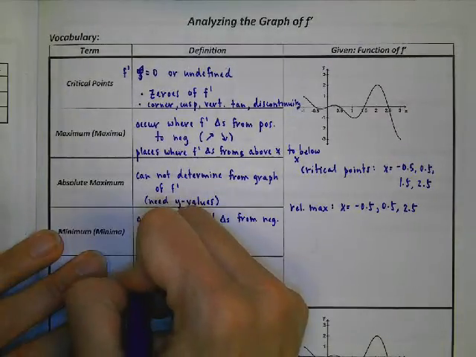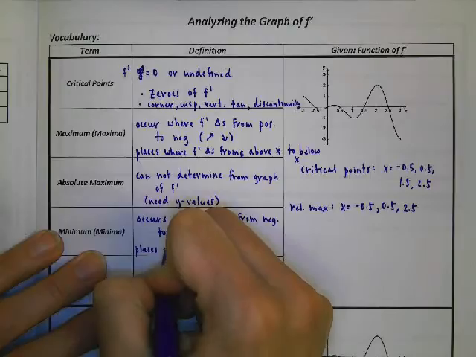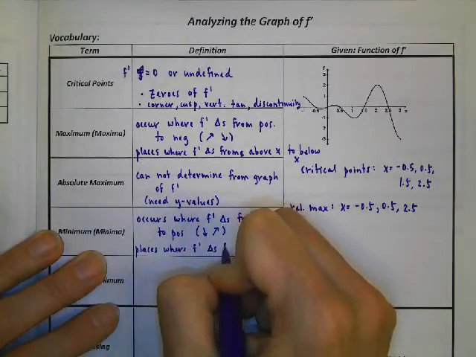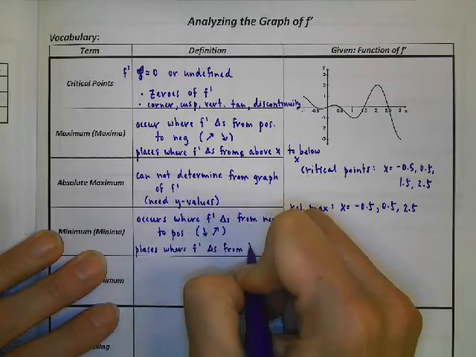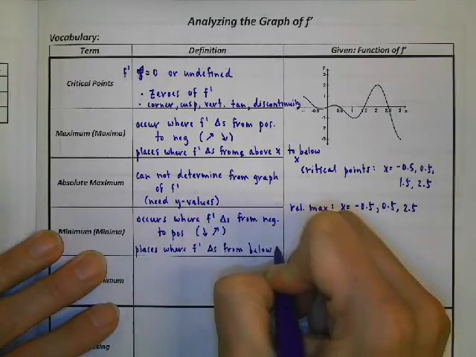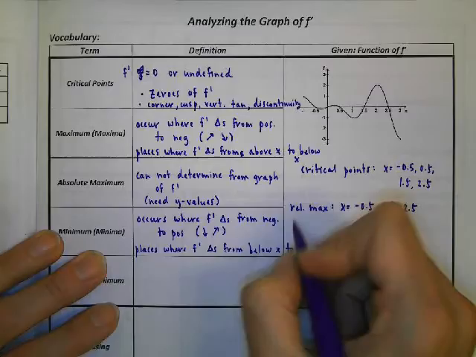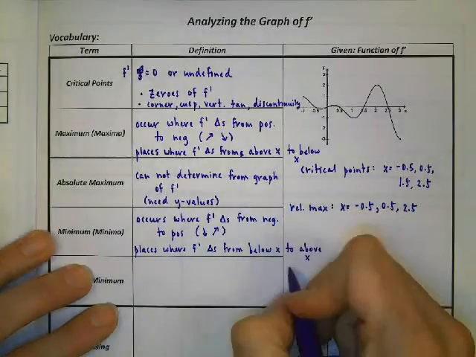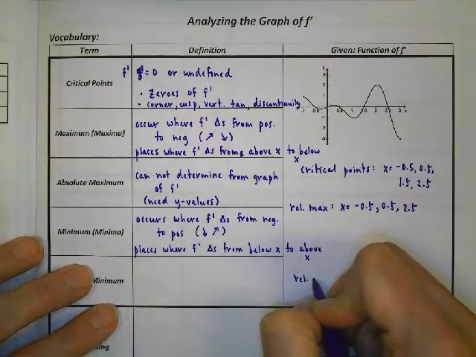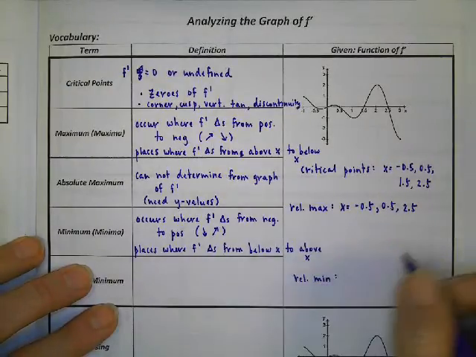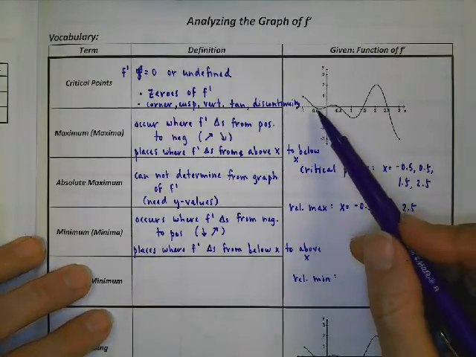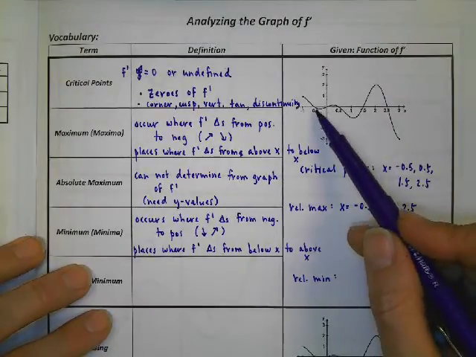So really we're looking for places where f prime changes from below x to above x. So for our relative minimum, we're looking again where we change from below to above.